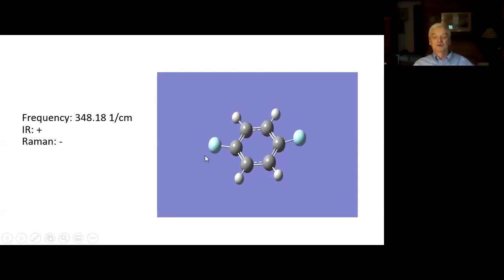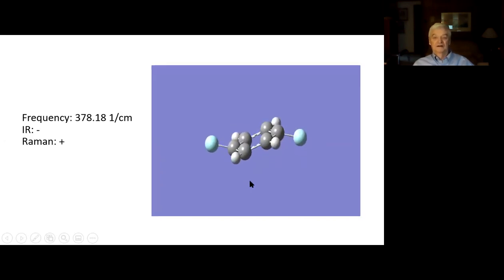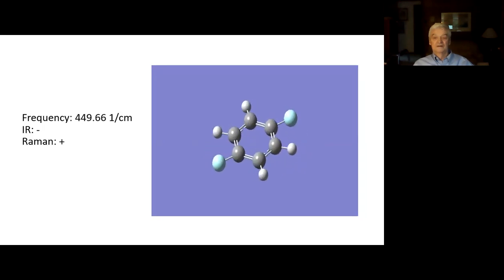The bluish colors are the fluorine atoms, and then we recognize the darker carbons and the hydrogens here. Again, the low motions, there's just kind of lots of wobbles and wags and twists when you look at these molecules. This would be an in-plane wag, mostly of the fluorine atoms right here.